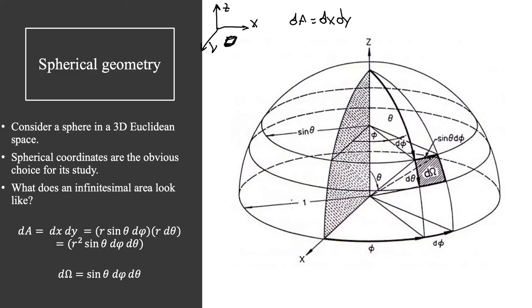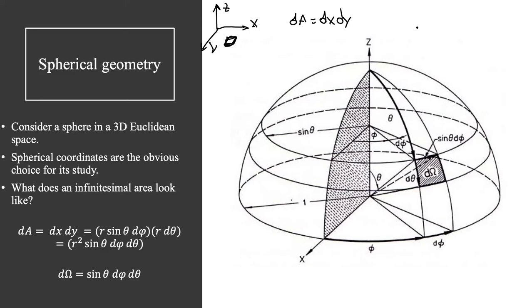This is a small 2-dimensional area. When you're dealing with a problem that has some kind of symmetry, then it's probably a good idea to use a coordinate system that reflects that symmetry. In this case, let's suppose that our system has some spherical symmetry. What is an example of that?